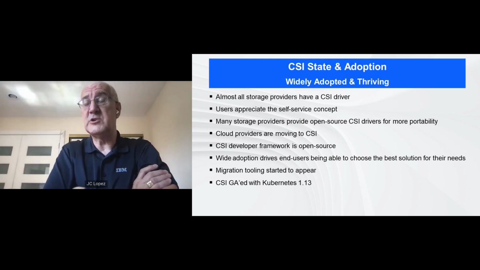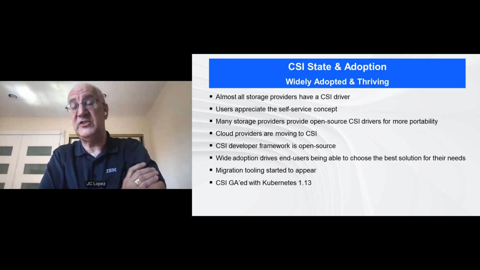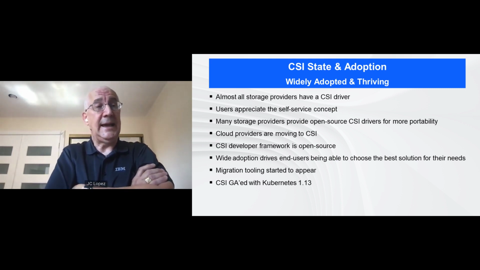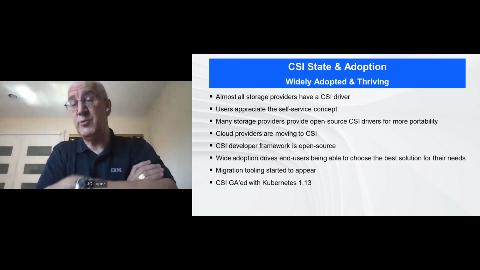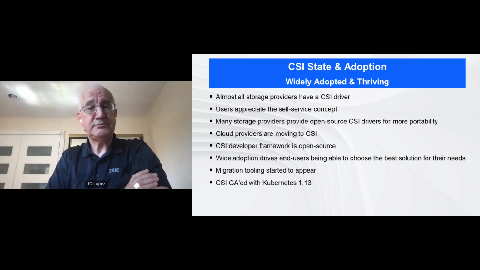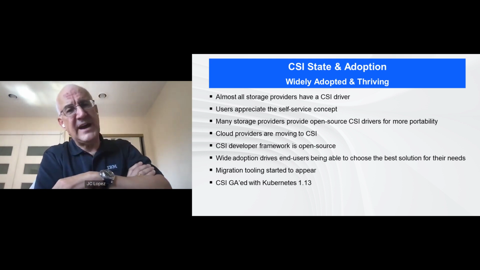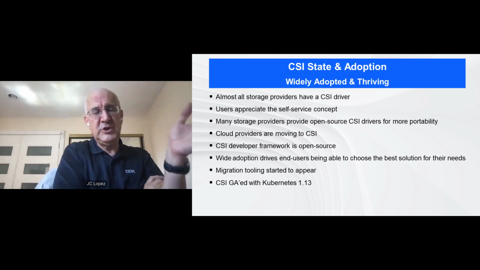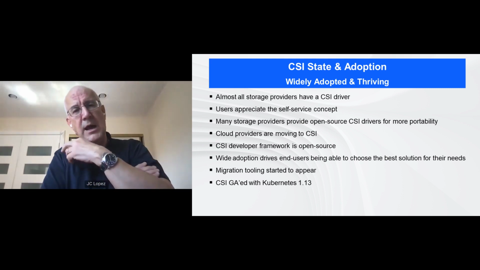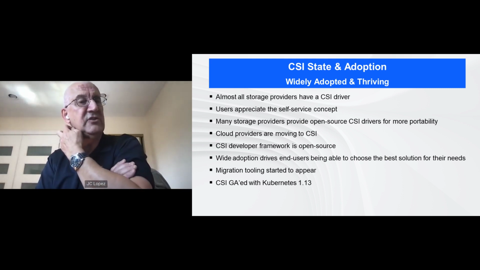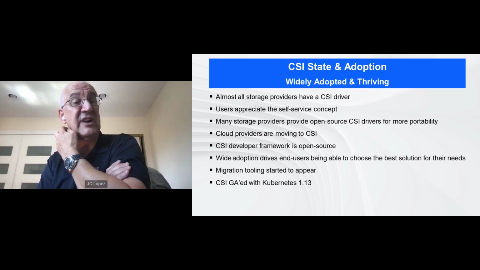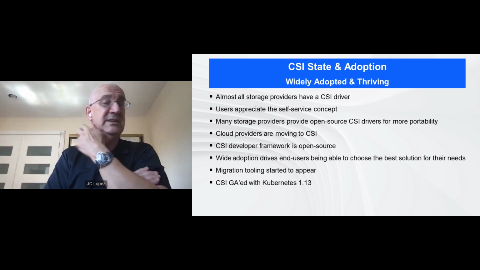It's just a storage class you change in the application CR, custom resource, and your app redeploys with the correct storage class. So many storage providers, remember when we were talking about community-driven for CSI, many storage providers have open source CSI drivers for more portability.